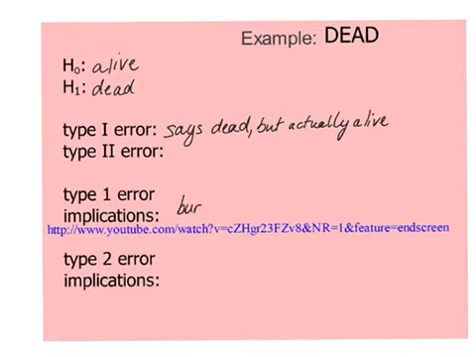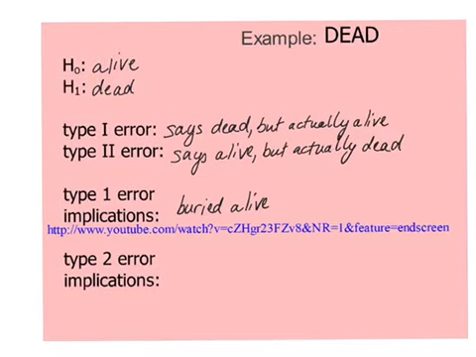You're buried alive. If there is a type 2 error, H0 is chosen to be the true statement. The person is said to be alive, but they're actually dead. And this would be a favorite show, The Walking Dead and the Zombie Apocalypse.